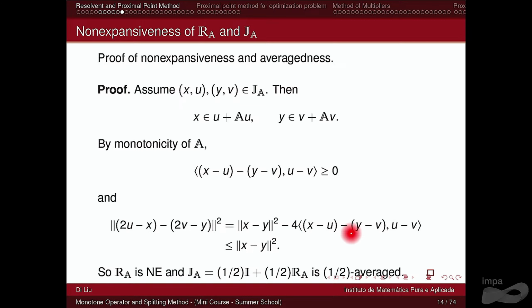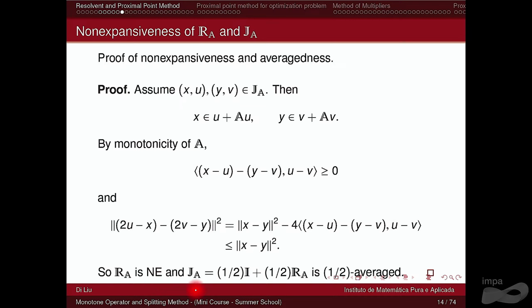And we know this term is greater than or equal to 0, so minus is less than or equal to 0, so this quantity is less than or equal to the norm of x minus y squared. So we proved RA is non-expansive.